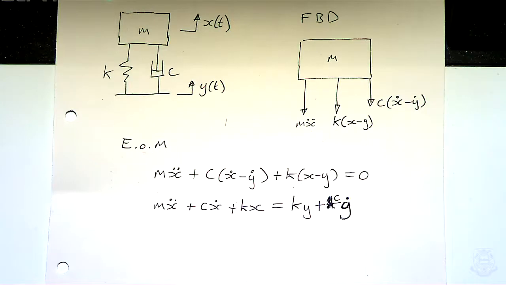So this format is nice in the sense that on the left-hand side now, the equation is exactly the same as it was before for the previous cases. And on the right-hand side, we're clear that the y signal is the forcing, if you like, by moving the base of this thing that the oscillator is sitting on, we are clearly denoting that it's the y signal that's giving that force.